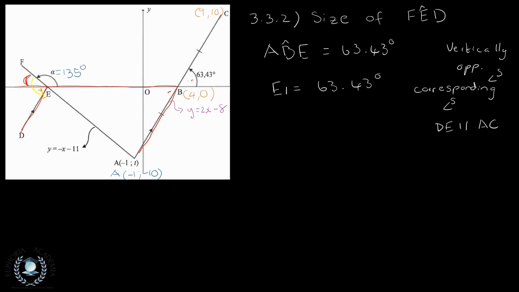Now that we have that one, how do we get E2? E2 and alpha lie on a straight line, so we know that alpha plus E2 is equal to 180 degrees. The reason is angles on a straight line.